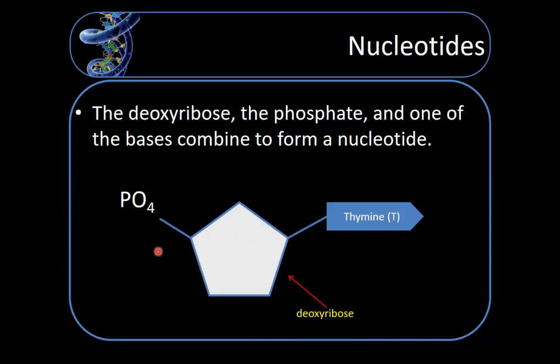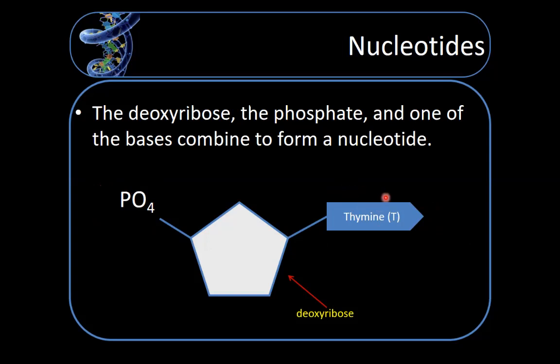Now, we have two other parts to this molecule. What do you think is the phosphate? That's right, the PO4 is the phosphate group. So we have our sugar and phosphate, and these are the parts that make up the backbone. Moving in here, we have thymine, which is a base.